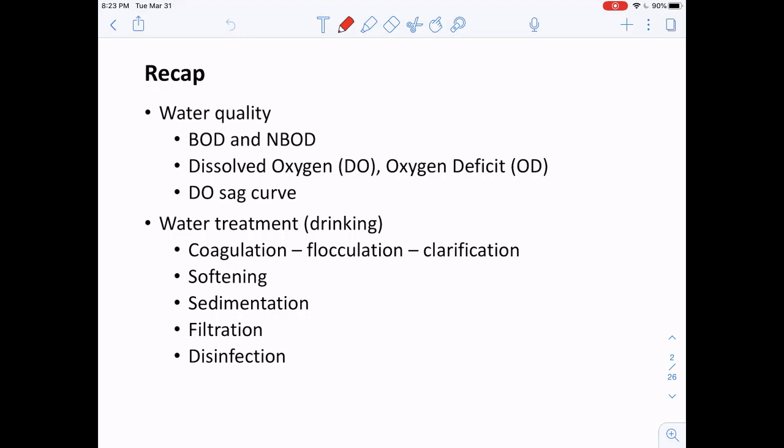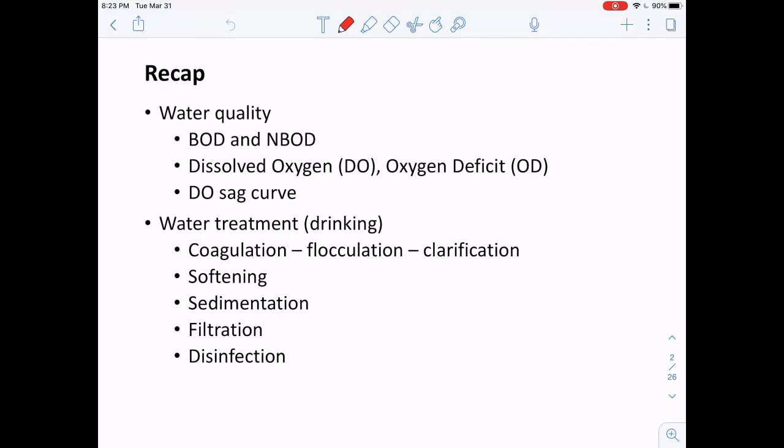And further, in terms of water treatment, we were dealing with the drinking water treatment system. Starting from this class, we're going to talk about wastewater treatment.